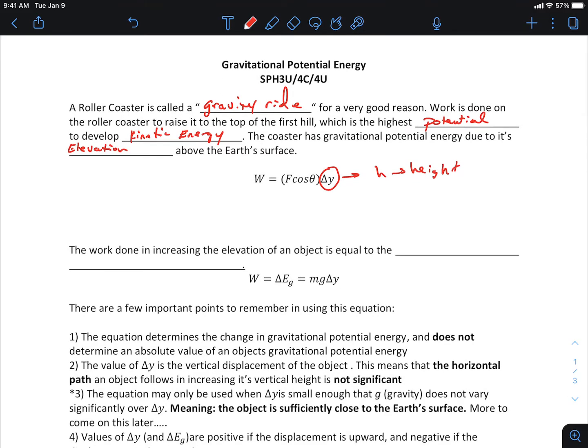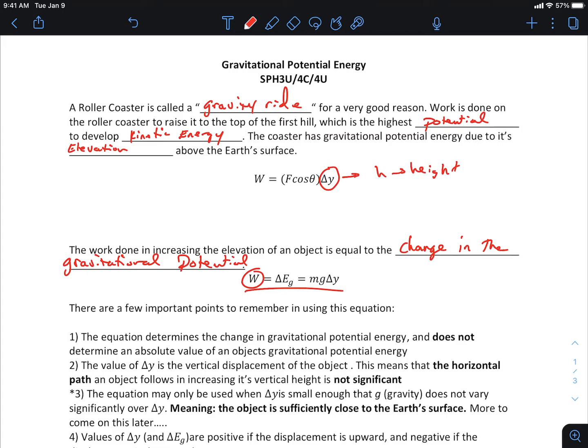And so we could see, just based on what we looked at on Friday, the work done in increasing the elevation of an object is equal to the change in the gravitational potential energy. And that's what this is saying, right? Work is equal to the change in Eg, which is gravitational energy, which would be equal to that.